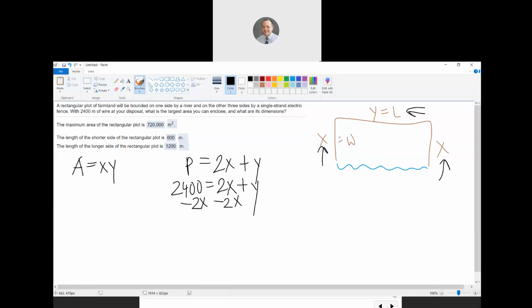So subtract 2x from both sides, and we get 2,400 minus 2x equal to y. Take that expression and replace the y with it in your area formula. So we now have x times 2,400 minus 2x.